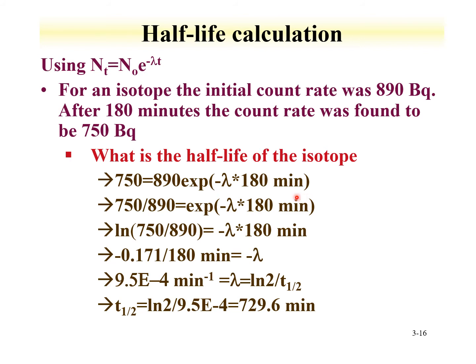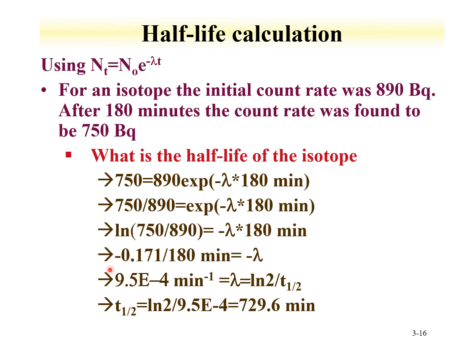Well, activity at given time is equal to activity initial e to the minus lambda t. Solve for lambda. We get lambda, and it's in minutes because we're looking at minutes.